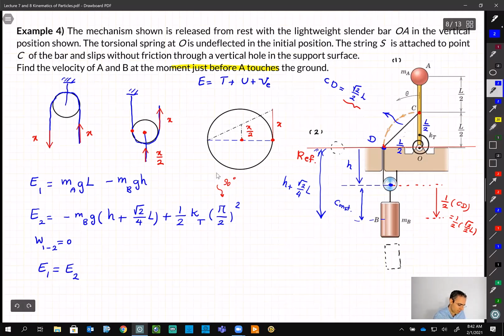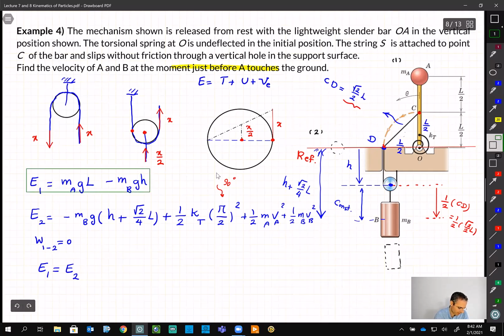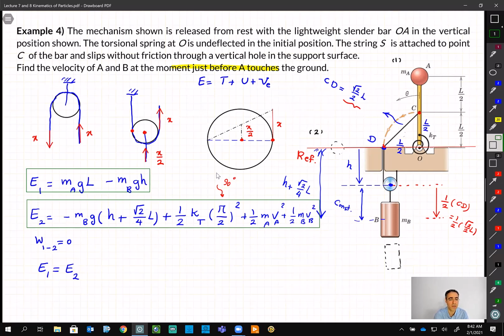So I need to write here half of MA VA squared, half of MB VB squared. So this is our formula for E1, and this is our formula for E2, which is a lot of terms, right? It has potential energy, elastic energy, and kinetic energy.